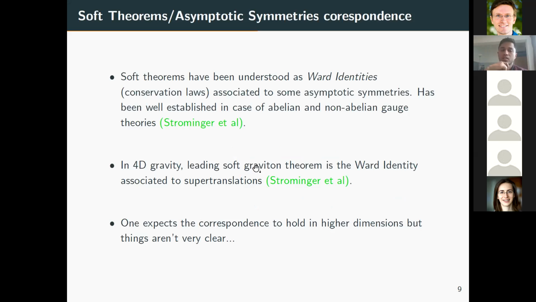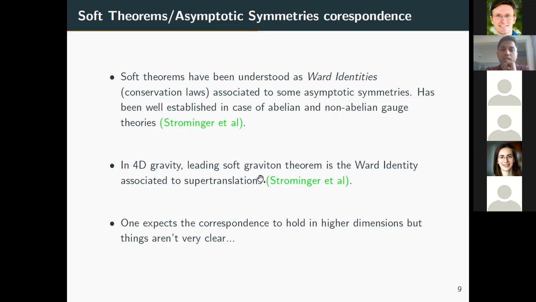Now, in the last 7-8 years, soft theorems have been understood as Ward identities associated with the asymptotic symmetries. This has been established for abelian theories and non-abelian theories, and by now there is a conclusive amount of evidence that this correspondence holds.